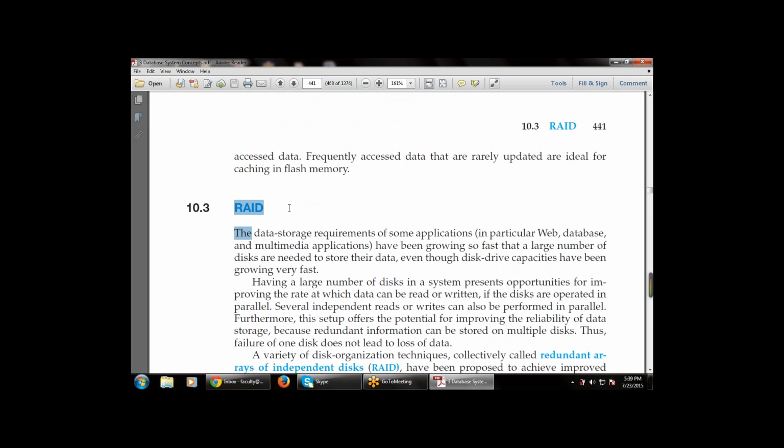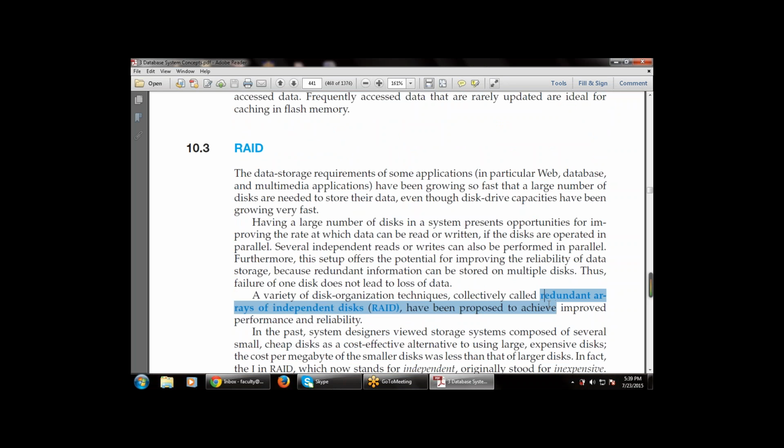Now next is RAID, a redundant array of independent disks, which is another physical storage medium. The data storage requirements of some applications, in particular the web and databases, have been growing so fast that a large number of disks are needed to store the data, even though disk drive capacities have been growing very fast.